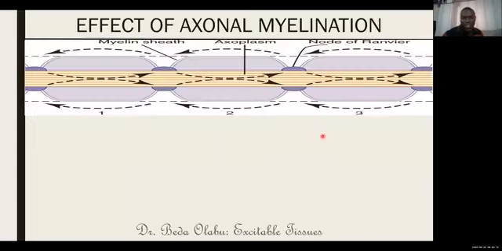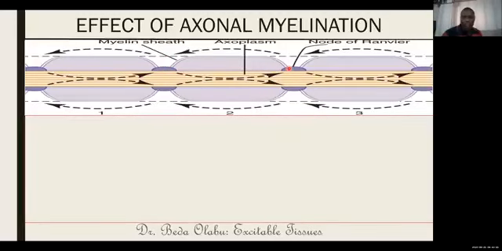The implication is that when an action potential is experienced by the neuron, the action potential will be jumping, in quotes, from one node of Ranvier to the next, because the depolarizations, or rather the sodium influxes, are just happening at the nodes of Ranvier. It means that action potential or depolarization events will be jumping from one node of Ranvier to the next.